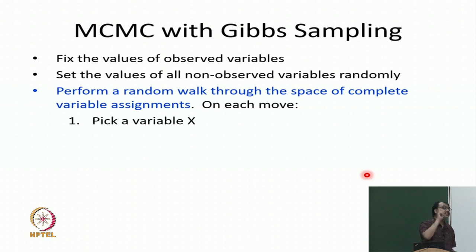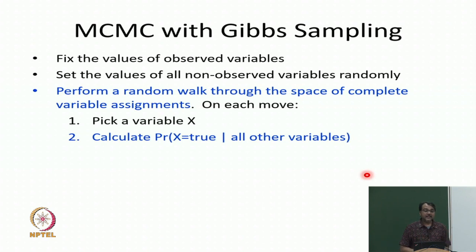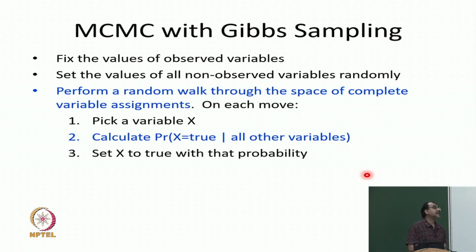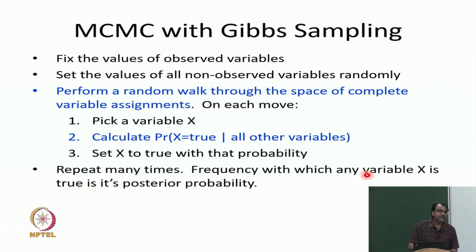I am going to only change one variable, and that one variable will be resampled based on probability of x equal to true given all the other variables, and set x to be true with that probability. So, I toss a coin and set x to be true, and I repeat many times, and the frequency with which any variable x is true is its posterior probability.